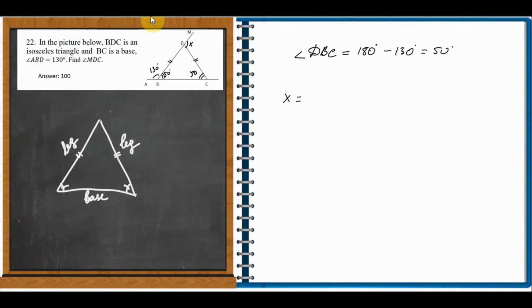We can find the other interior angle and subtract it from 180, but it's better to know the property of exterior angle. It's equal to the sum of non-supplementary interior angles. So 50 plus 50, just 100. So the correct answer is 100.